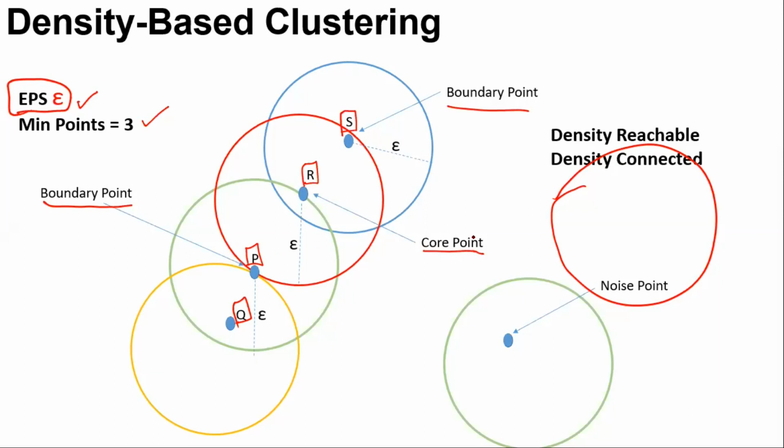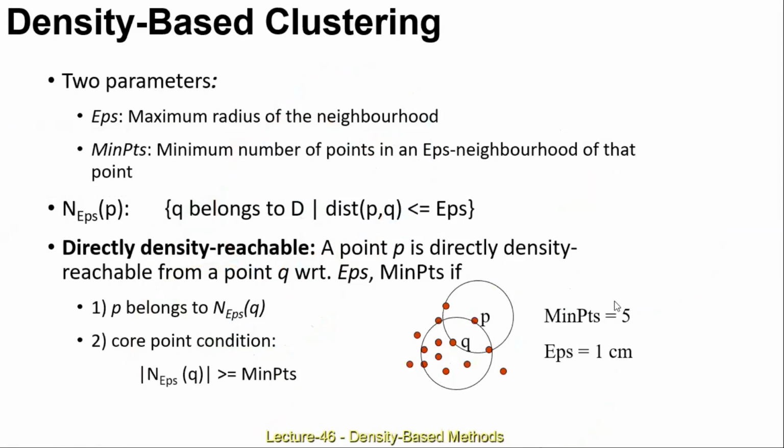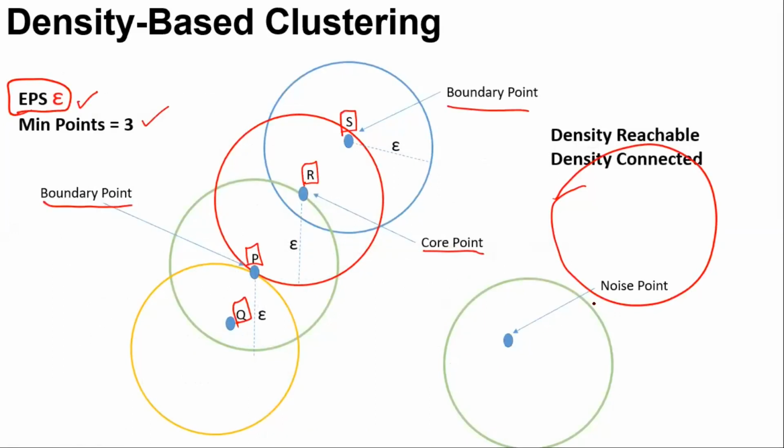If an element is neither a boundary point nor a core point, it is called a noise point. This is very important, so you should register three different words: boundary point, core point, noise point.